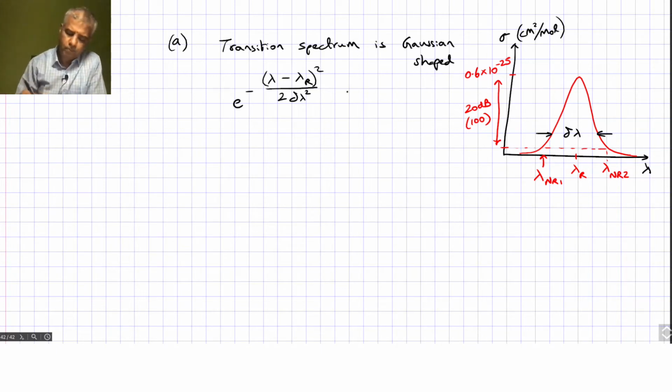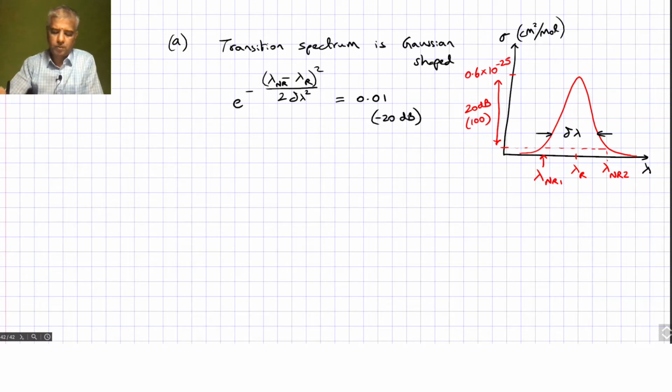So we've been told that this non-resonant wavelength is picked such that with lambda NR minus lambda R, the whole square, if we do this, then this will correspond to a factor of 0.01, right? So that's corresponding to 20 dB in terms of absorption.